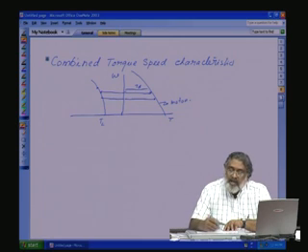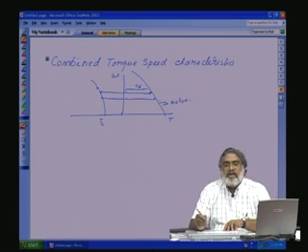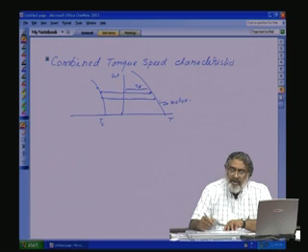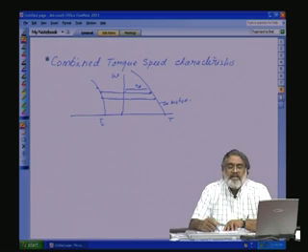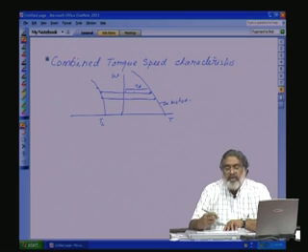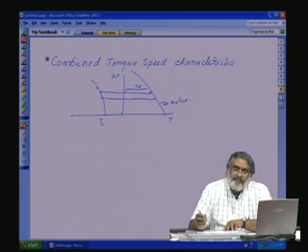So, depending on the load torque requirement, we have to modify our motor torque speed characteristic through our power converter. The purpose of the control block is to dynamically control the torque speed characteristic so that the driving torque is always equal to the load torque demanded by the load at a particular speed. In such cases, we require a closed loop control system.